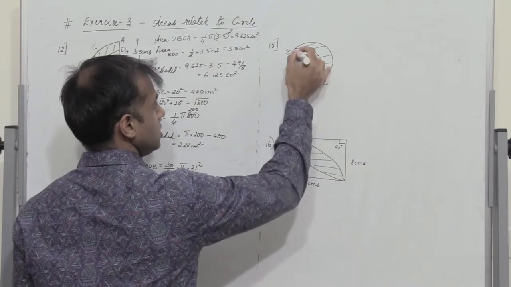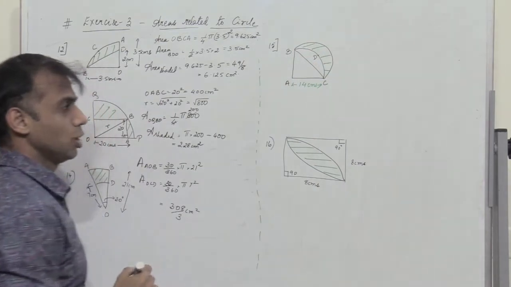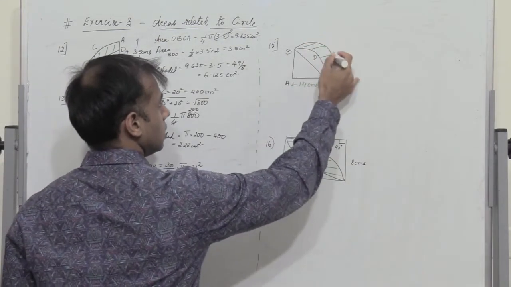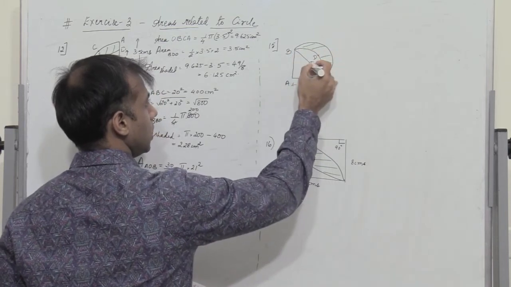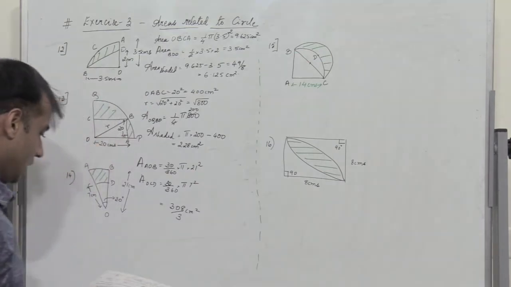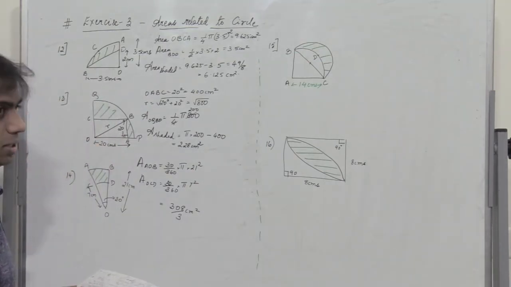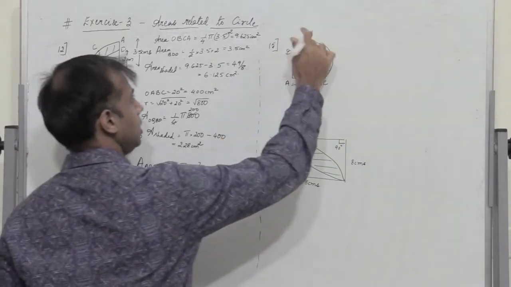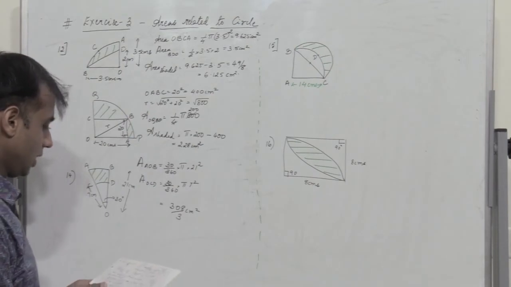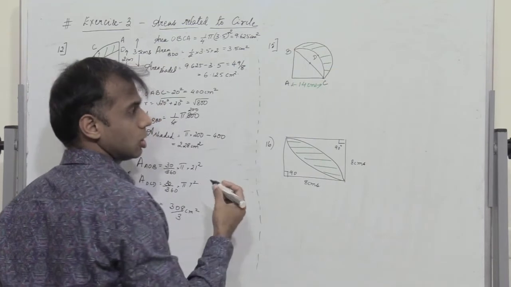We have ABC, which is quarter of a circle, and BC is joined. And then what is done is another circle is drawn by considering the center of the line BC. So a semicircle is drawn with BC as the diameter. So we need to find the area of this shaded region. So first let us find the area of this quarter circle.